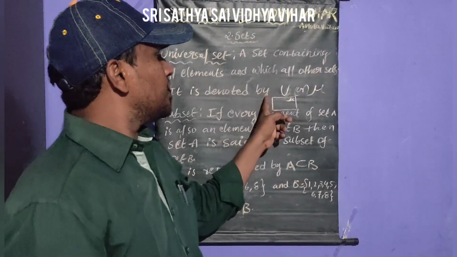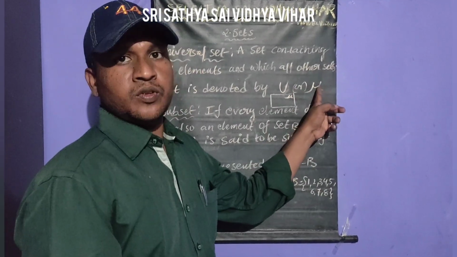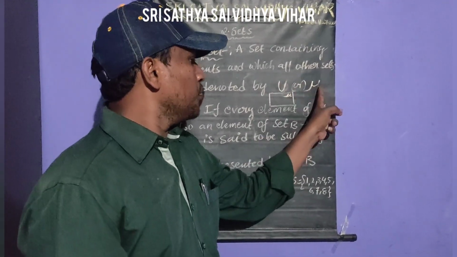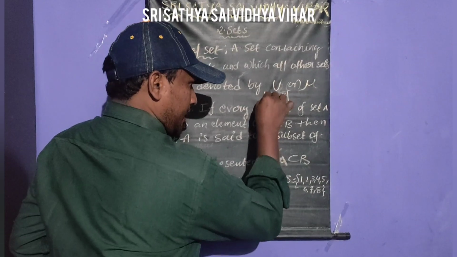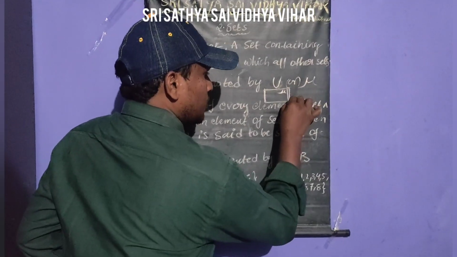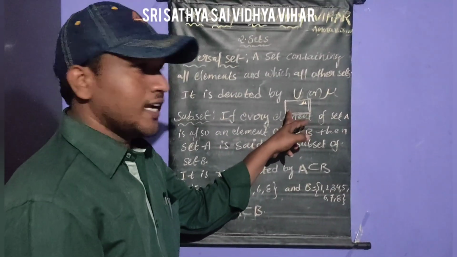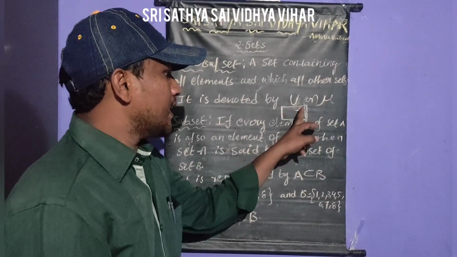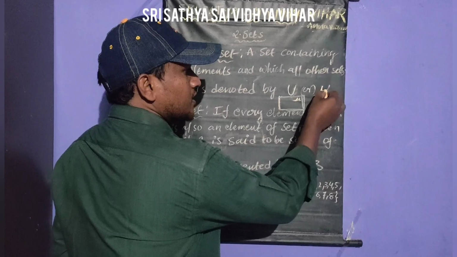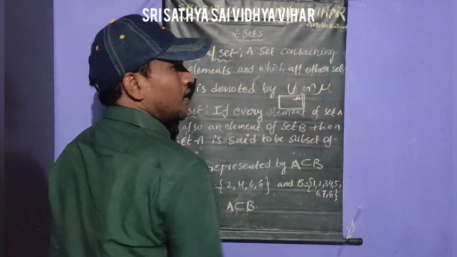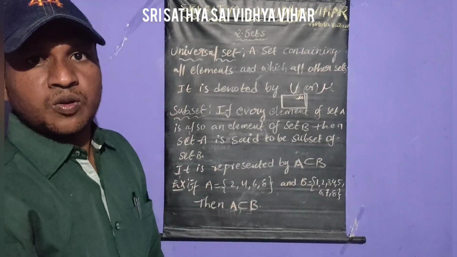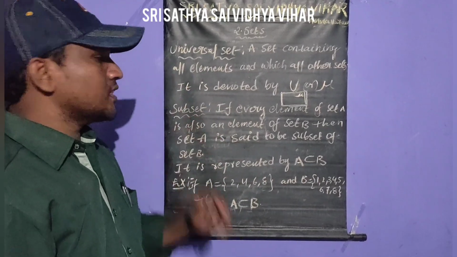It is denoted by U or mu. What is the symbol? The symbol is called mu. Okay, next one is subset.